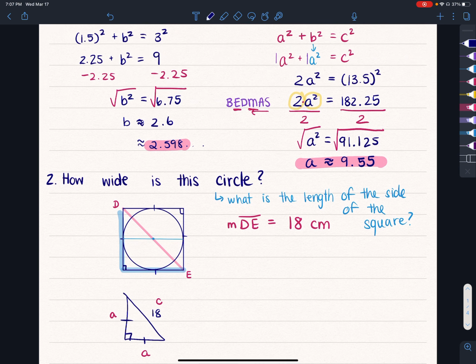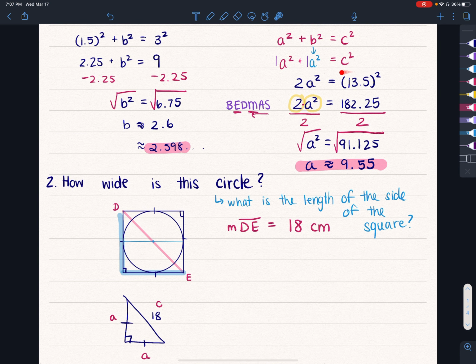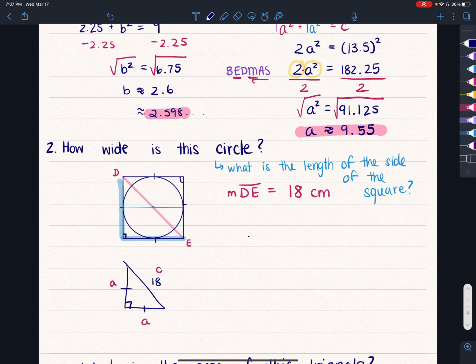And we know that if we look up here at what we did in this example, it'll end up simplifying to this same thing, this 2a squared. So I'm going to write it like that, just 2a squared equals c squared. And this is a formula that you can use when you have an isosceles right triangle.